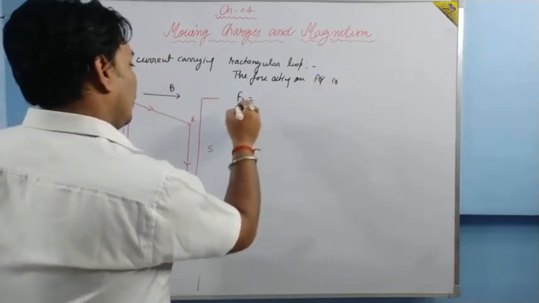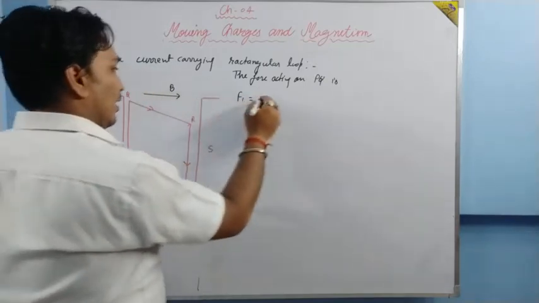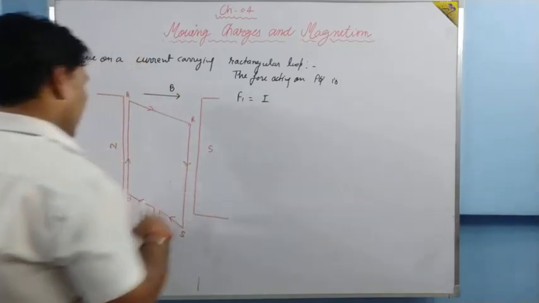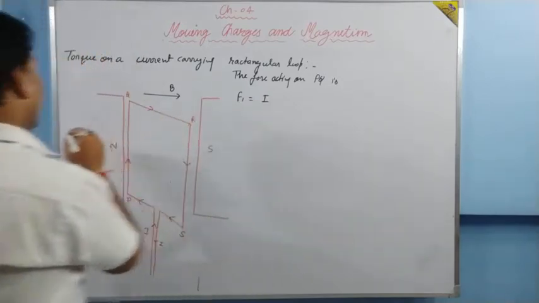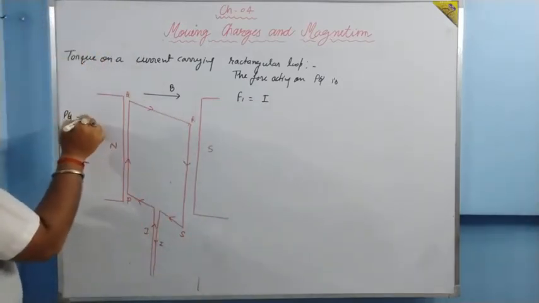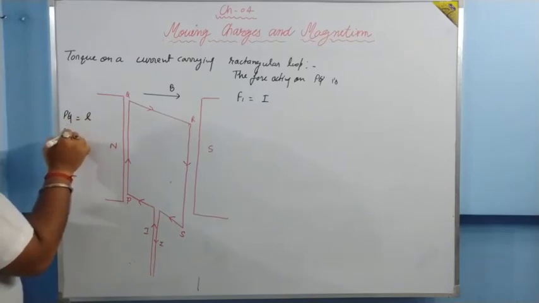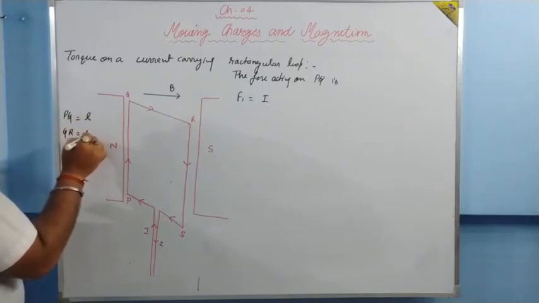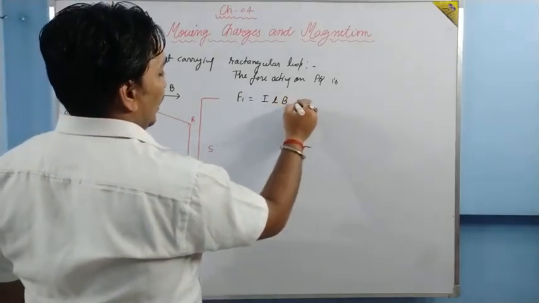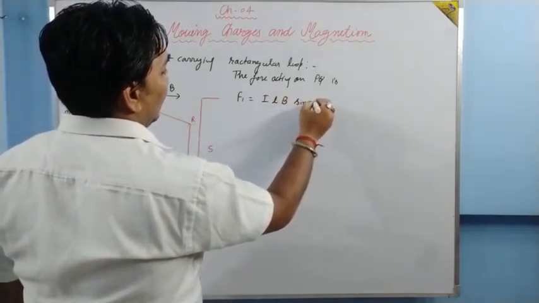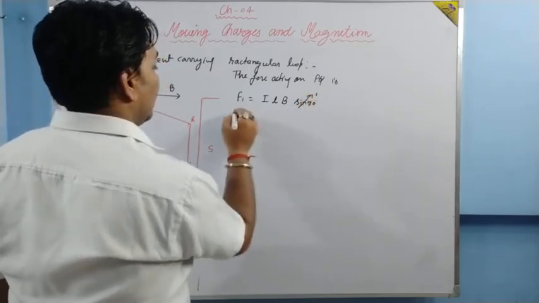F1 is equal to I, so current I is flowing, times the length of PQ. Let the length of PQ be L, and the length of QR be small b. So small l into B into sine 90. Value of sine 90 is 1.